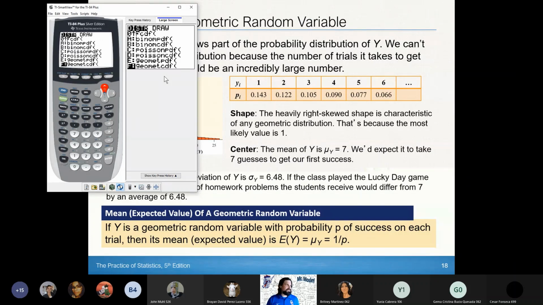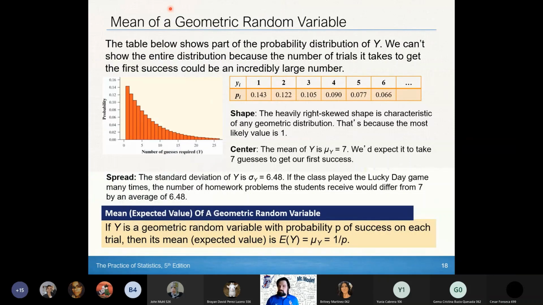So what are the chances that it takes 3 or fewer trials to get the first success? In that case, we would use CDF with the same 2 parameters. So we do have some help in our calculator to do those types of calculations. Is there anything I can clarify?